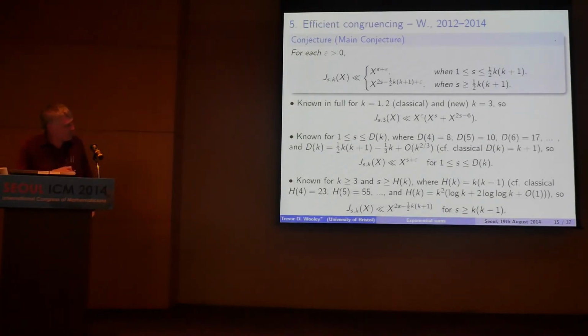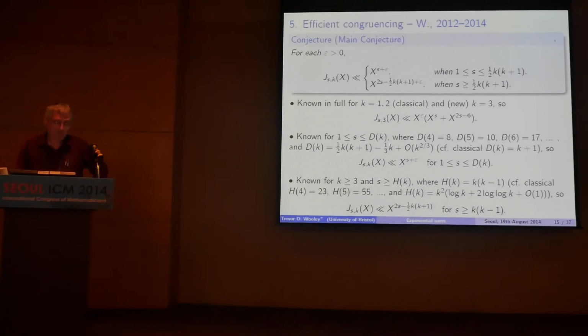So just to remind you, for k equals 1 and 2, the classical situation was we use these results, and now we can prove this with this conjecture in full for the cubic case. So it's the first time for any exponential sum that we have a mean value estimate, even if you put restrictions on the sum, where you get the conjectured estimate, the density result, the full conjecture in a degree larger than 2. So this is something different.